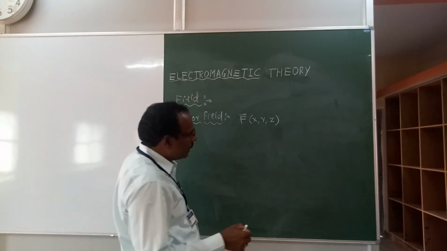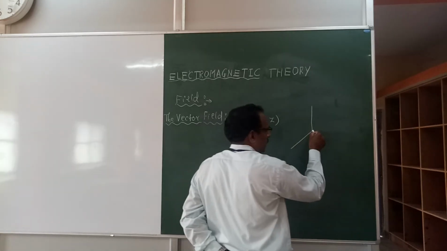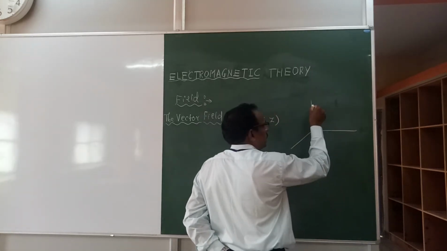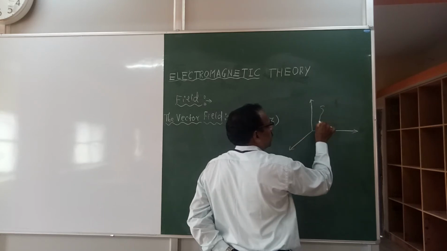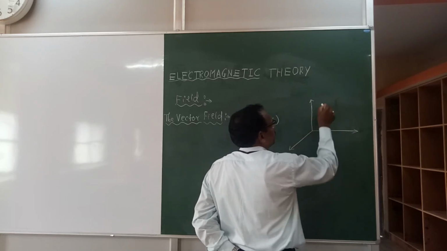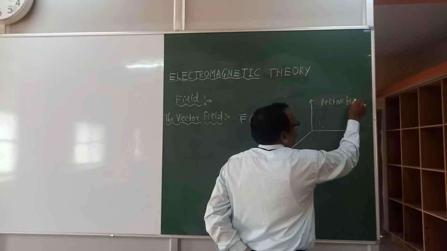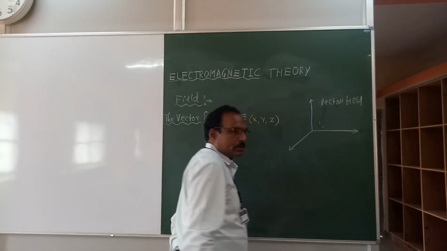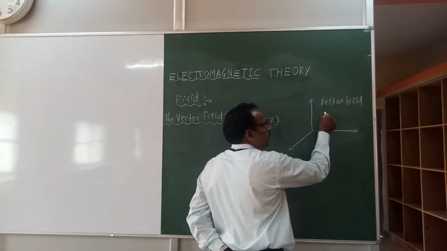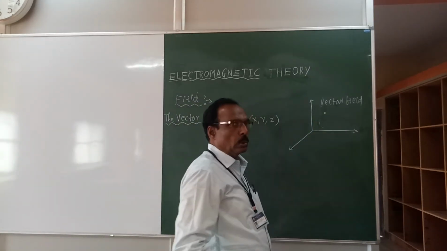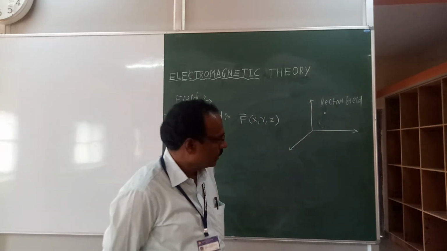At any given point in a field, I will represent this as a vector field. At any given point, this vector field is represented by both its magnitude and direction.